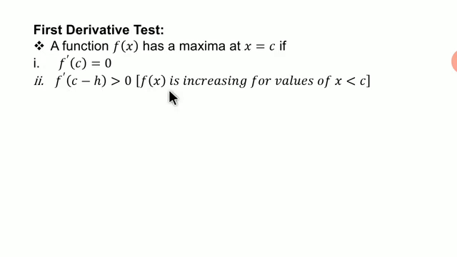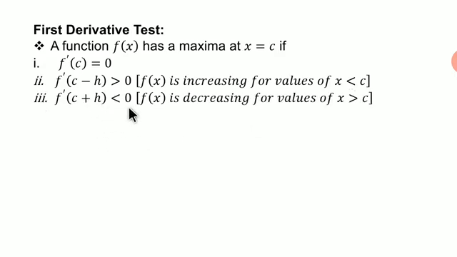Here f of x is increasing for values of x less than c. Third one is f dash of c plus h is less than 0. That is f of x is decreasing for values of x greater than c. When function satisfies all these three conditions, then we say it has maxima at x is equal to c.